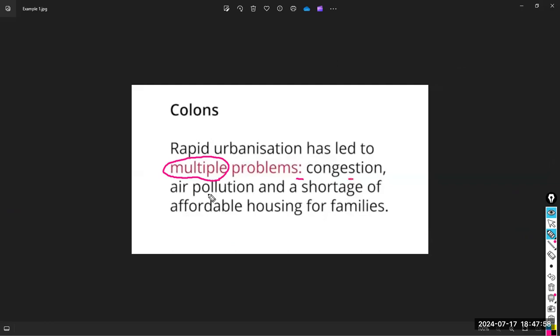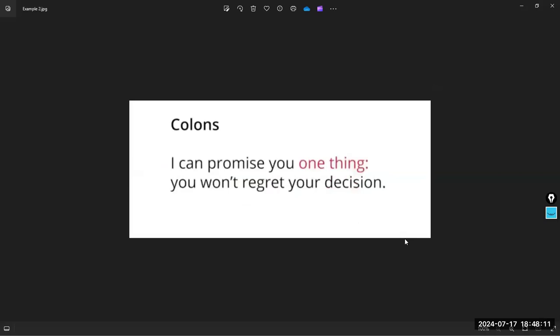Congestion, this is number one, air pollution and a shortage of affordable housing for families. So we notice that I have to use colons. Okay. So this is the final example, which is saying, I can promise you one thing. What is it? Let me tell you about my promise, because I said one. You won't regret your decision.